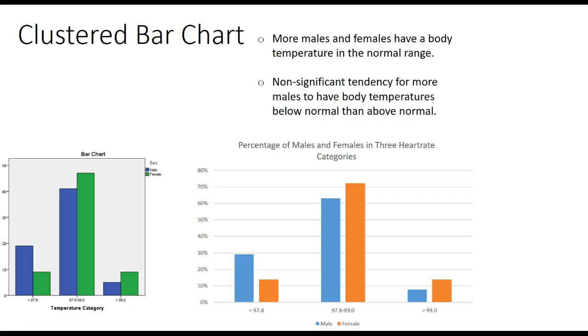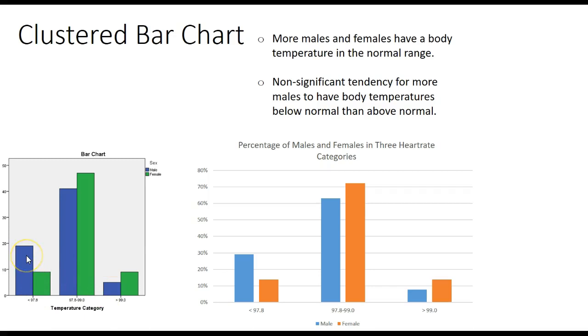So notice how easy it is to see. Remember, this temperature category in the middle was for a normal range of temperatures, and it's easy to see that we have most participants falling into this normal range of temperature, which we would expect. But we also had, and notice how I'm describing this as a non-significant tendency, for more males to have body temperatures below normal than above normal.